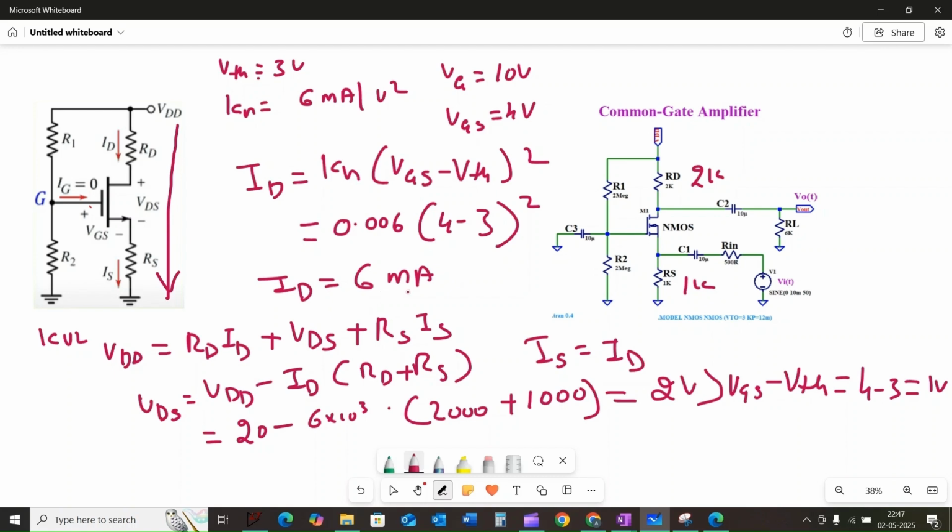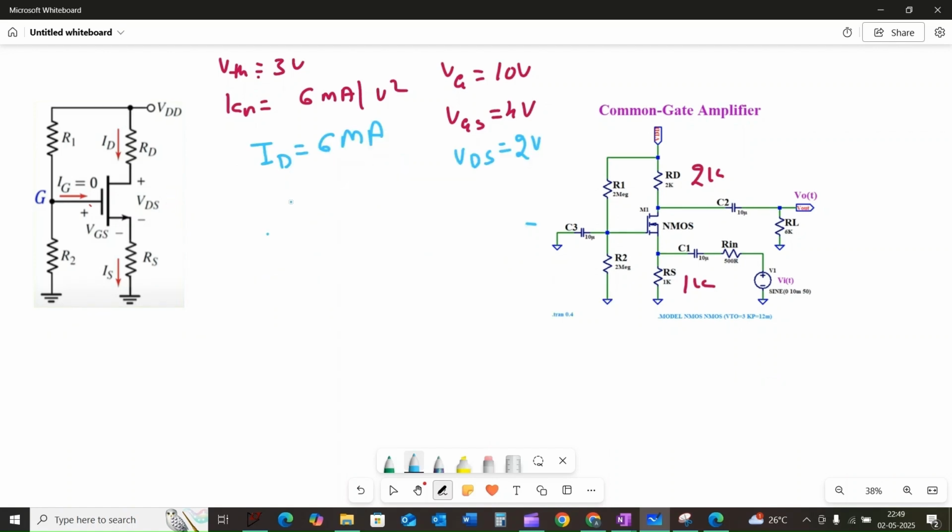By substituting this value, we confirmed that VDS is greater than VGS minus threshold voltage, confirming our MOSFET operates in saturation region, and our assumption was correct. The MOSFET operated in saturation region.